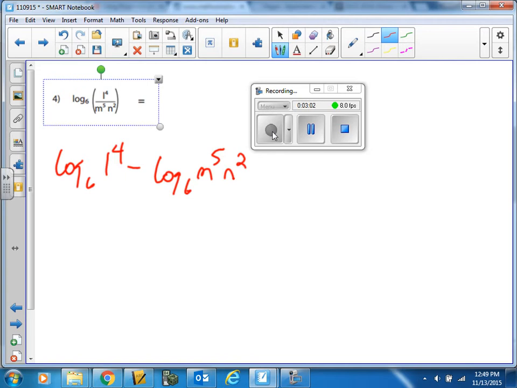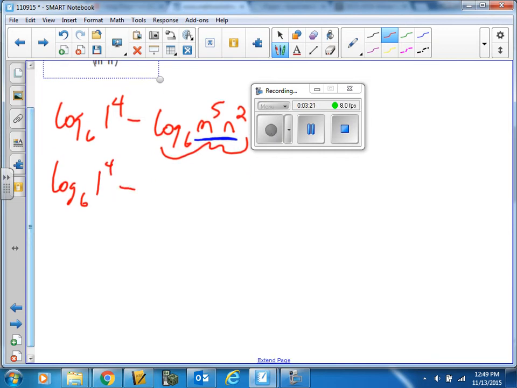Okay, now we can actually split up this second part because that is multiplication. The multiplication is happening right here. So you have log base 6 of 2 things being multiplied. So the first part, I will be able to change that in a second. I'm going to drop that exponent down, but I'm going to wait for a second to do that. Log base 6 of L to the 4th, minus, now, this is where you got to be careful.